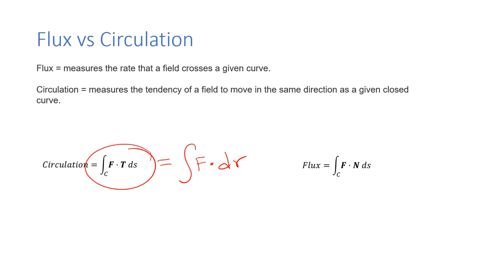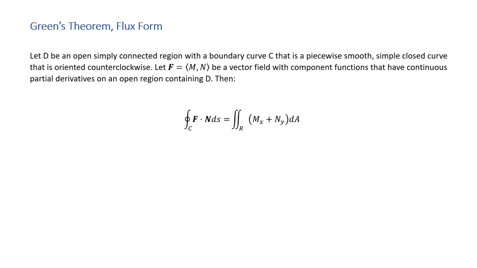We can integrate our vector field dotted with our normal vector along a path, and that is going to give us our flux integral. And there is a version of Green's theorem for flux integrals. So if you're trying to find a flux, if you're trying to integrate F dot n ds, the version of that for Green's theorem says that you can actually integrate Mx plus Ny over an area region.